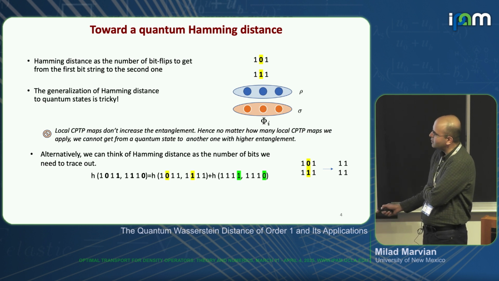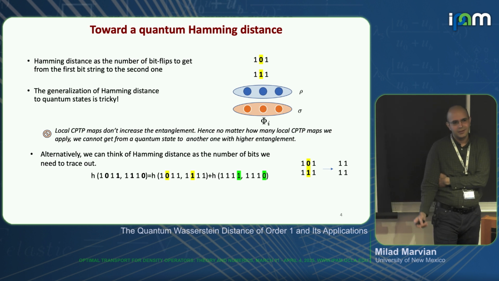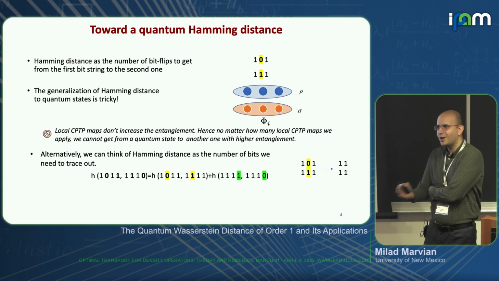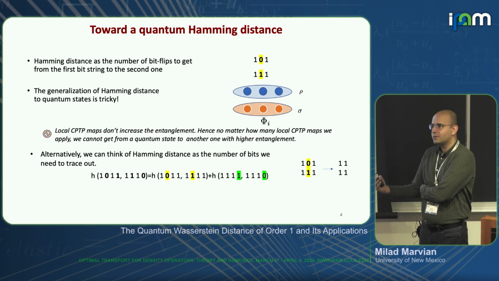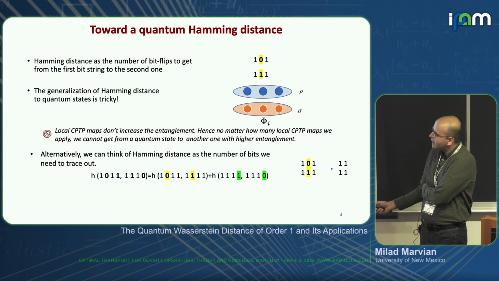Having a bit distance between these two bit strings, I can ask how many bits I can delete. Or maybe there's another way to do that, just thinking about splitting these differences into a bunch of 1 differences. So I have a Hamming distance 2 between these two. I'm going to compare the first bit string to some intermediate bit string, and here I have 1 flip.